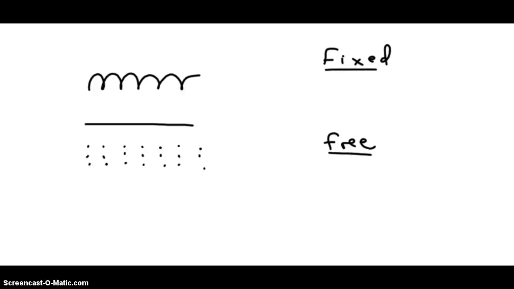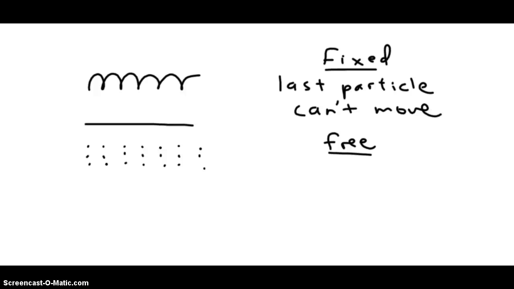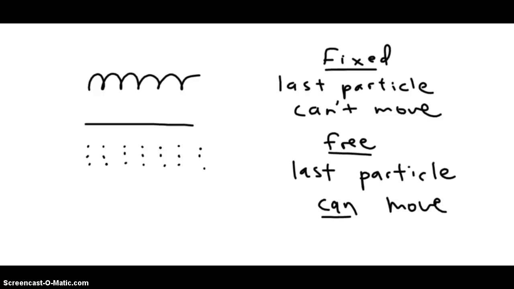If the boundary is fixed, it means the particle at the end, the last particle, can't move. If the boundary is free, it means that the particle at the edge, that last particle, is free to move. It can move.